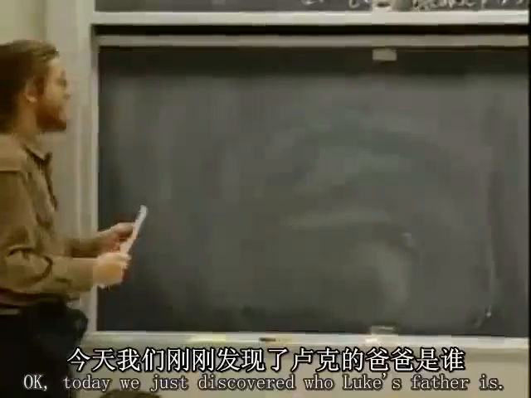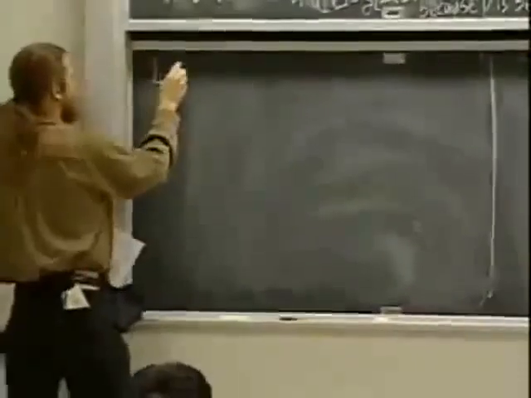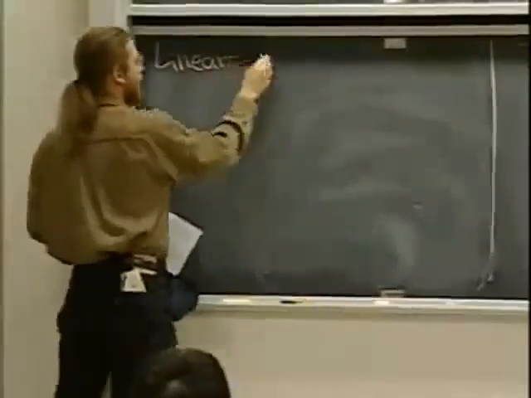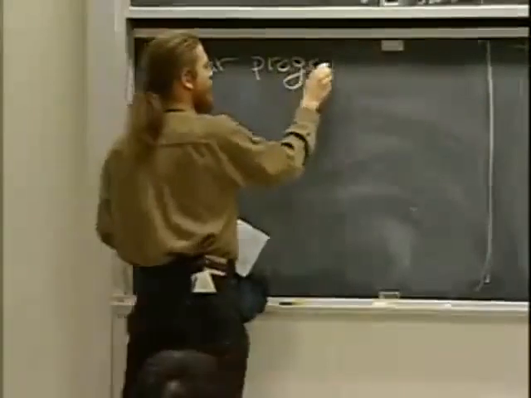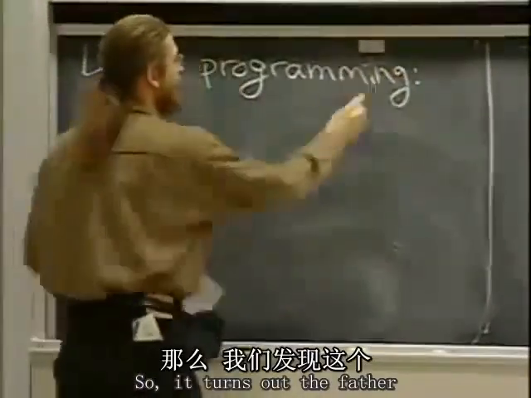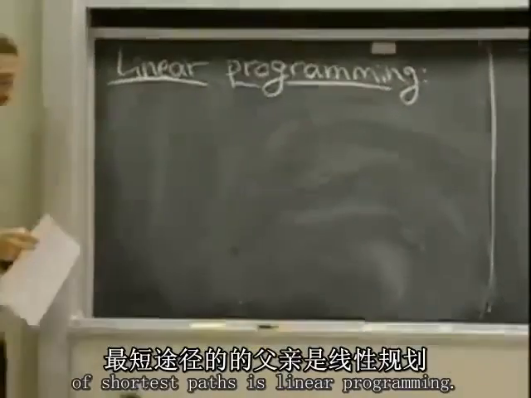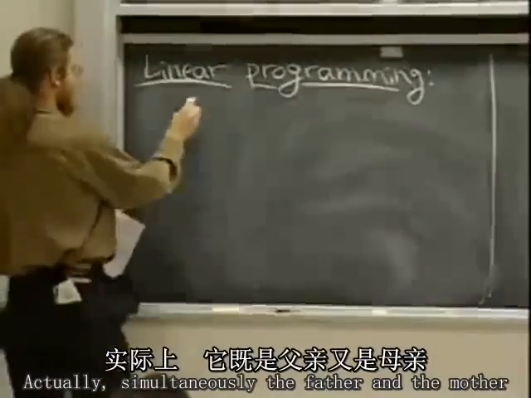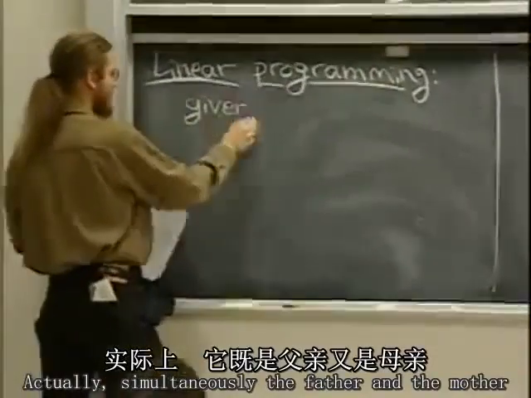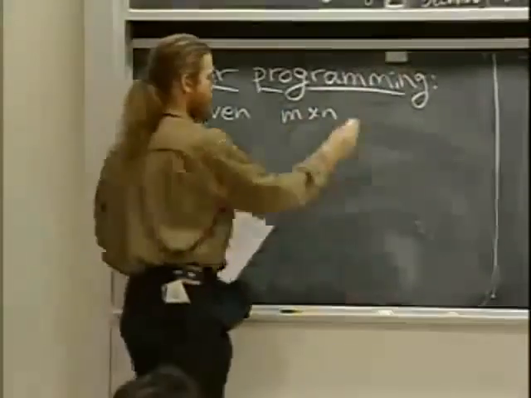Okay, today we just discover who Luke's father is. So it turns out the father of shortest paths is linear programming. Actually, simultaneously the father and the mother, because programs do not have gender.